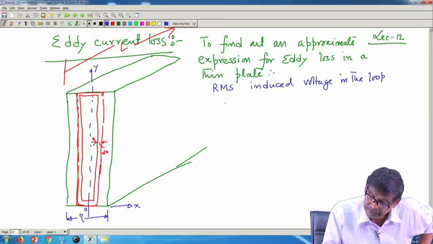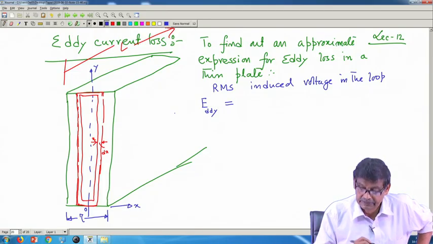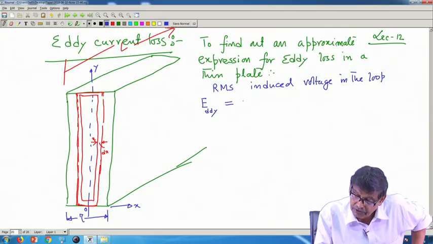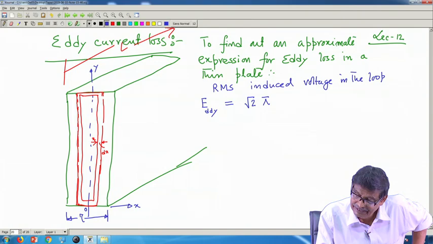That is E Eddy equal to root 2 pi f into phi max.